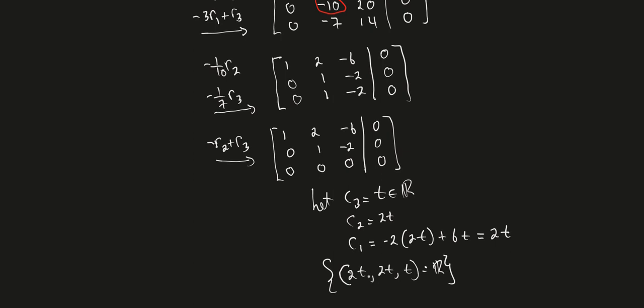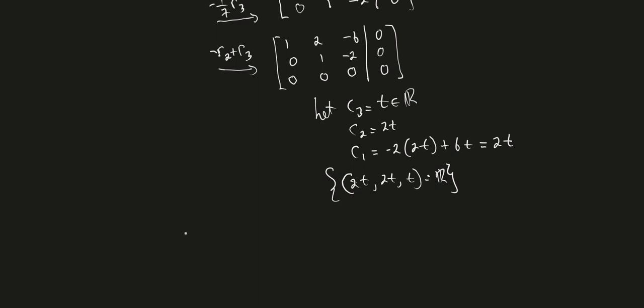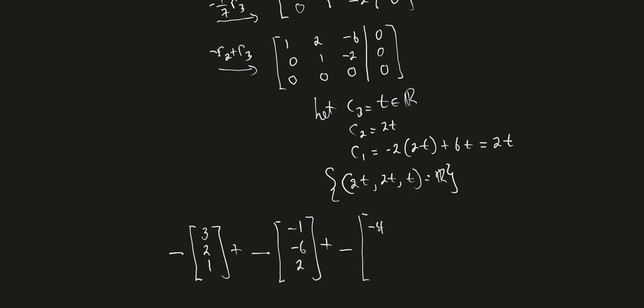So again, what does this mean for my vectors? Well, let me now write down the vector equation again, and I'm going to put some blanks in front of the three vectors. So 3, 2, 1, and a blank, right? And then -1, -6, 2, and then another blank, and then our -4, 8, and -6. So this is saying that we can pick anything for C3.